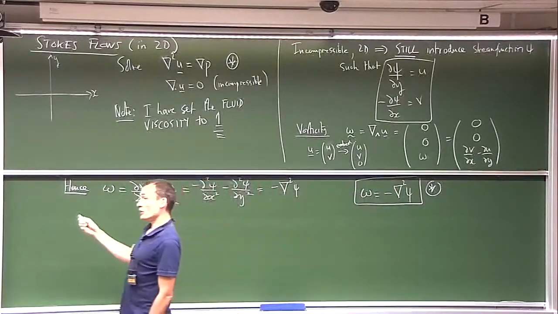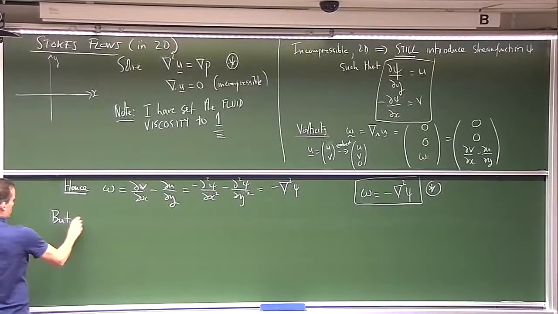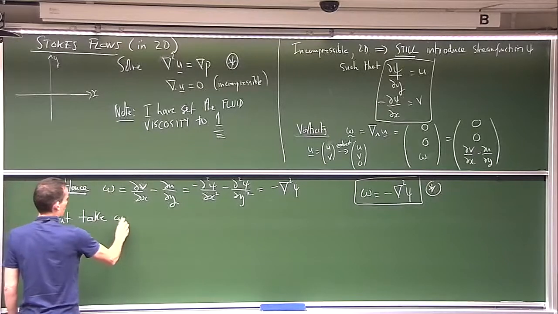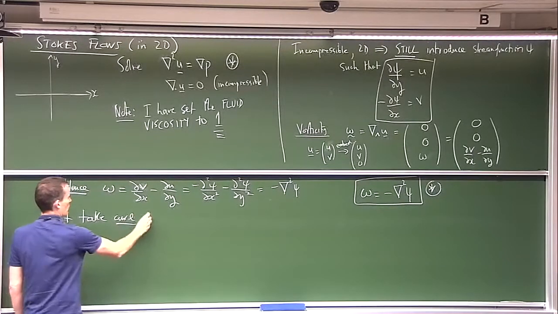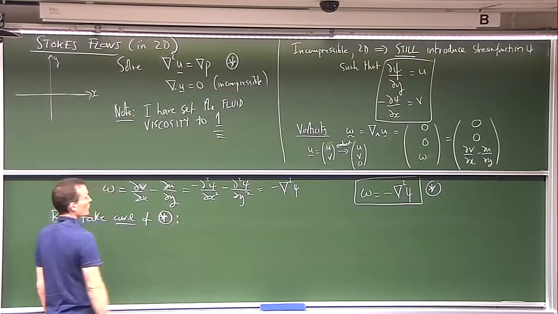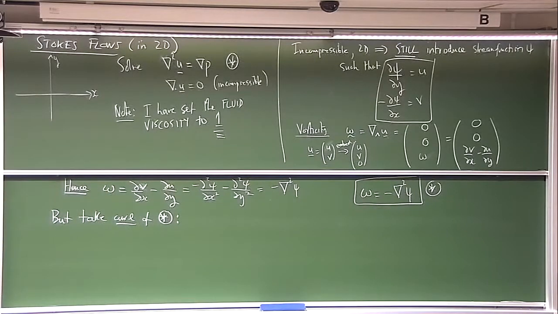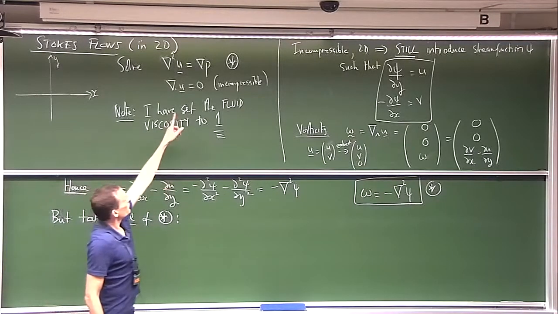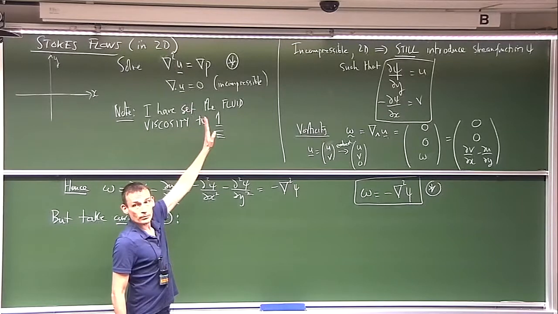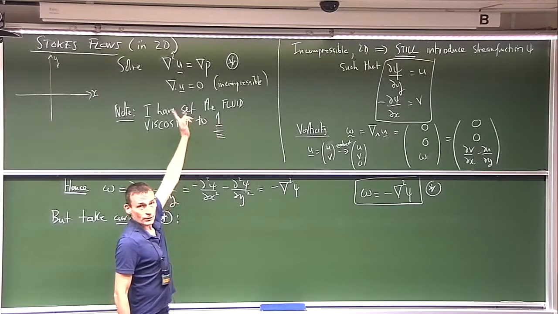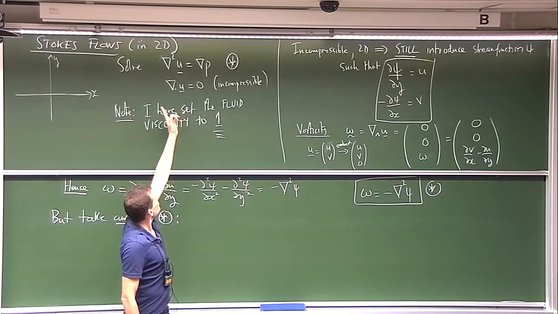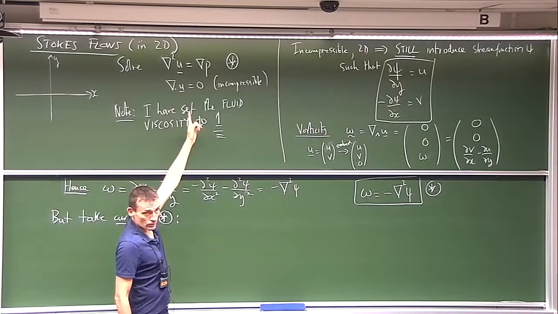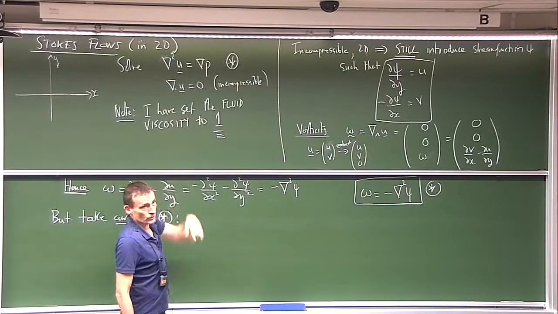But let's take a curl of the Stokes equations. Once we've embedded in 3 space again, of course. And the curl of grad P is 0. And the curl of the left-hand side is del squared of curl U, which is the vorticity.